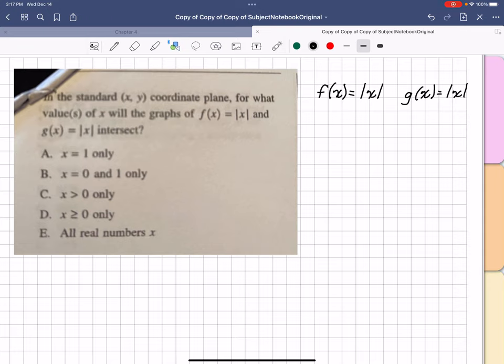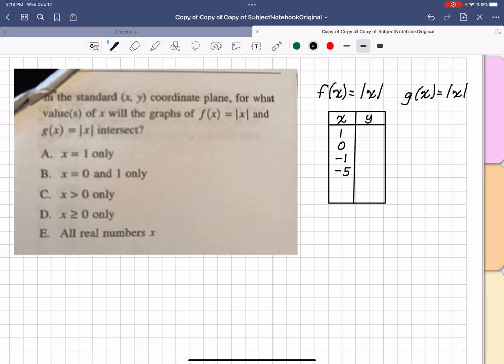In other words, let's do a table of values. And I'll just pick some values. I'll use the ones in the answer set. That's a good way to learn these problems, just to know what's happening at each one of those places. So let's do 1 and 0, and then I'm going to pick a -1 and maybe a -5.